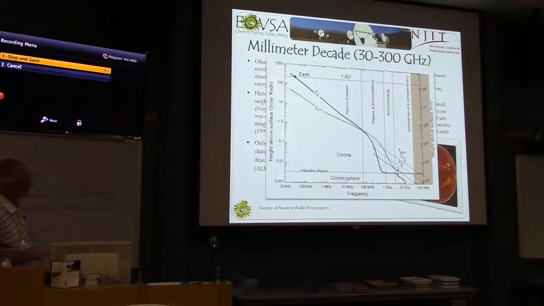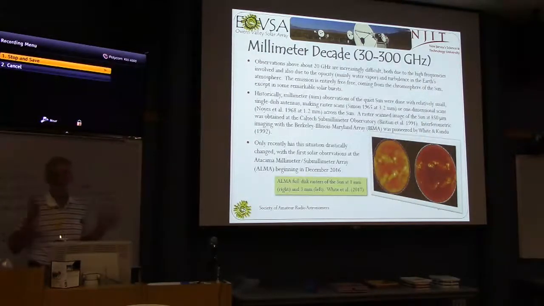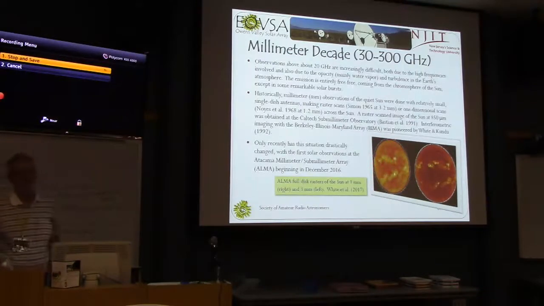The next range is the high frequency range, the millimeter decade, and here ALMA has opened up the picture for solar research. This is actually a full disk image in ALMA, from science verification data that we're taking. ALMA has only just now been opened for solar observing.